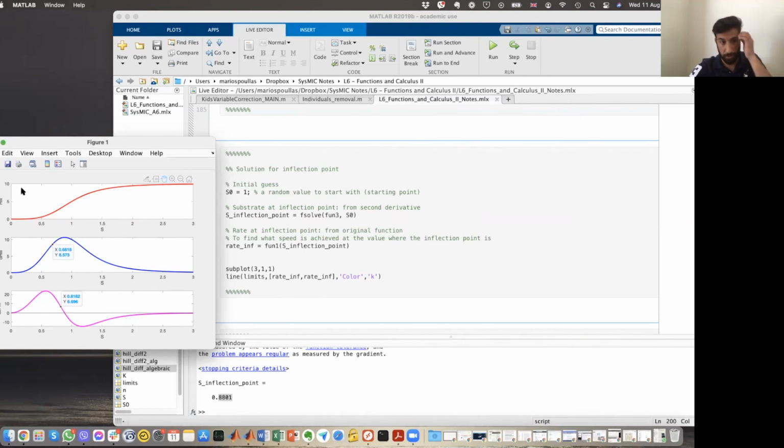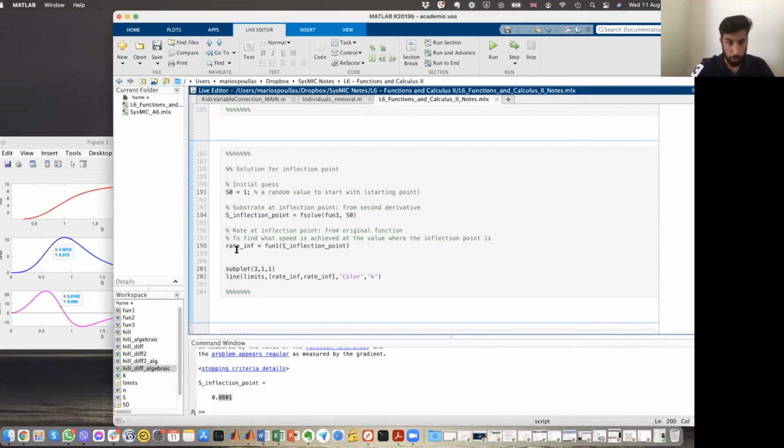So if we are dealing with the rate, if we want to see the rate at the inflection point, what's the rate here at 0.88, the value of substrate, what's the actual rate at that point? We have to solve using function 1 to find what speed is achieved at the value where the inflection point is.